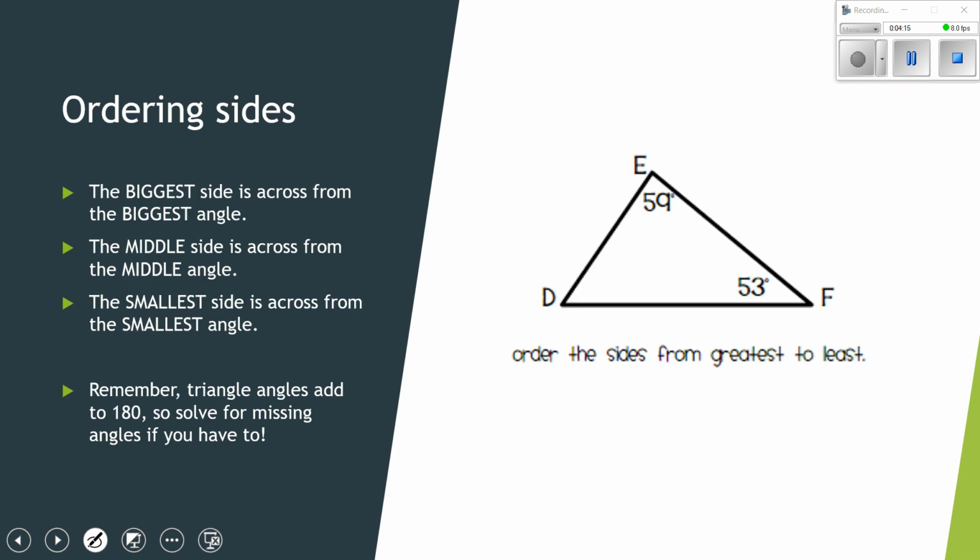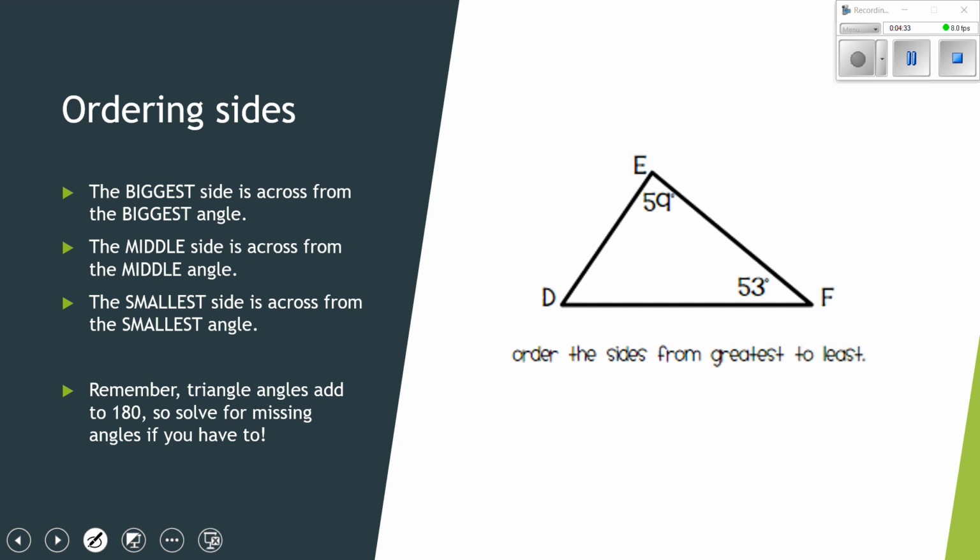Next, you might have to order sides, which this one is pretty straightforward. The biggest side is always across from your biggest angle, your middle side is across from your middle angle, and the smallest side is across from the smallest angle. However, you might have to solve for a missing angle. So remember that angles in a triangle add up to 180.